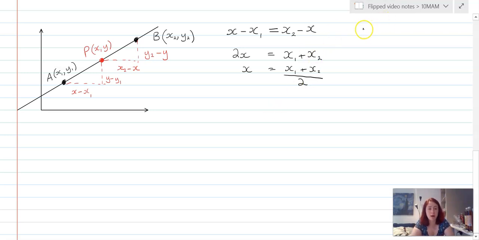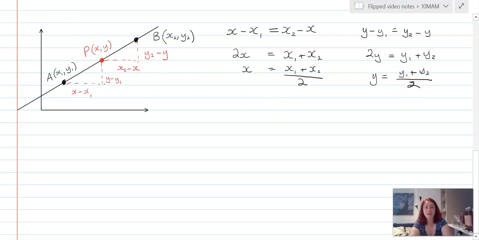We would do the same thing for y, because y minus y1 is going to be equal to y2 minus y. So 2y is going to be y1 plus y2, which gives us y equals y1 plus y2 over 2, not over x, that's what I was trying to write.